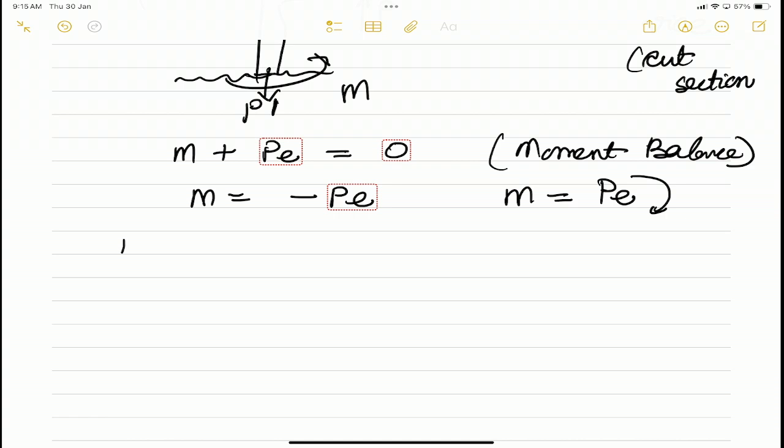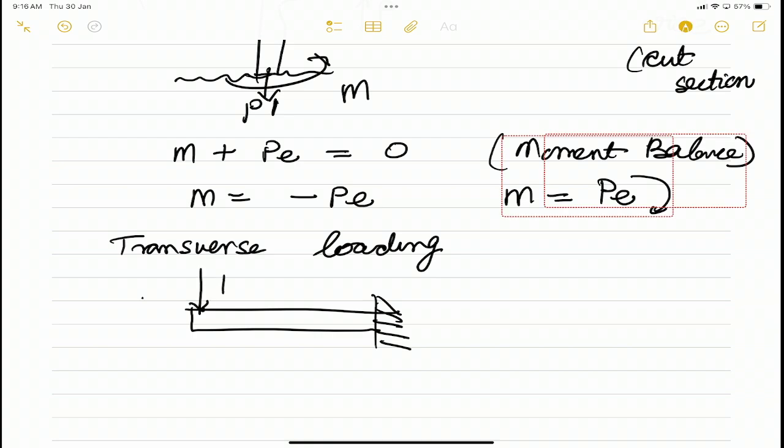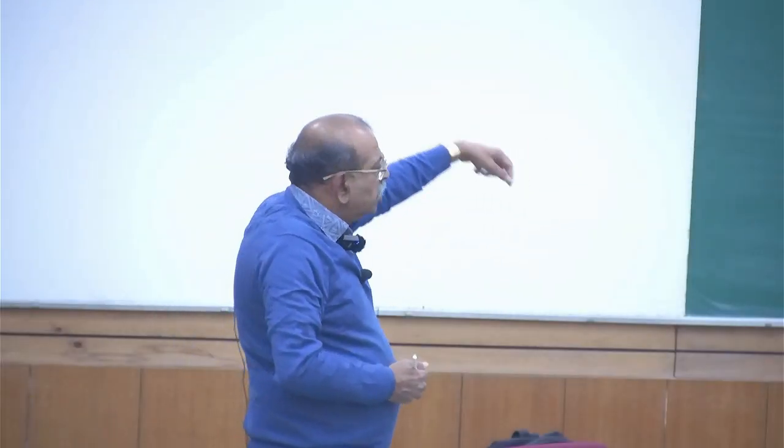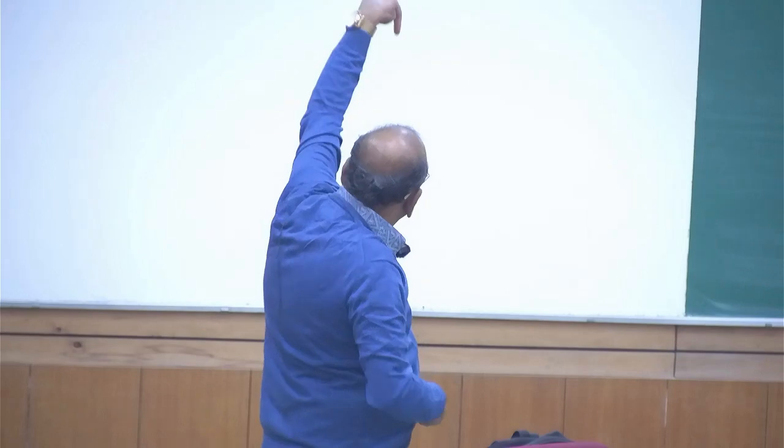And the other thing which I said was transverse loading. Suppose I have a rod clamped in the wall, and there's a transverse load, meaning not along the direction of the rod, but acting like this.